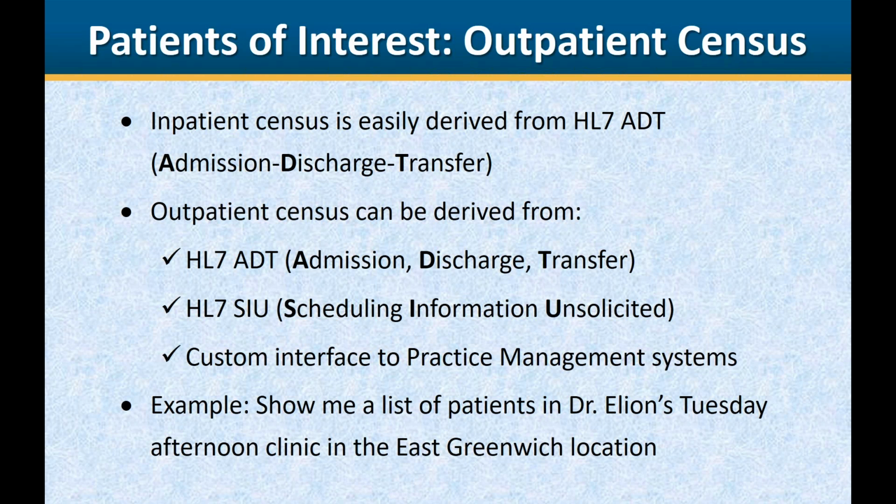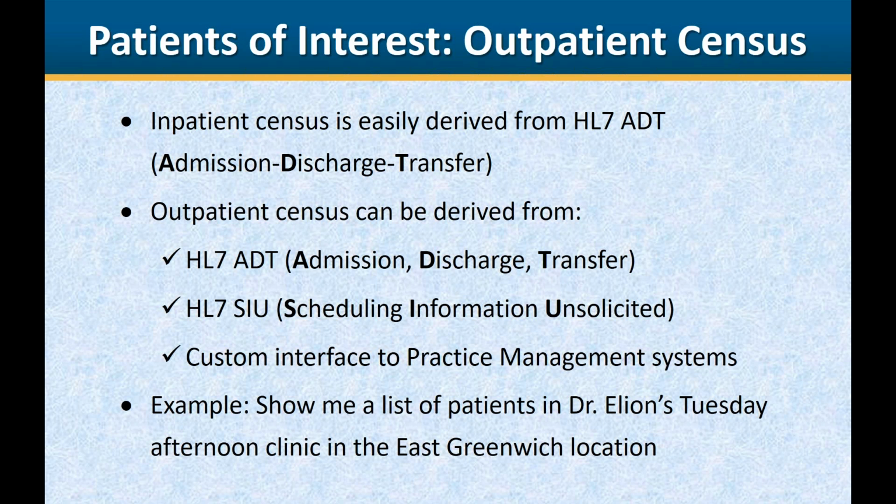And while I would normally shy away from trying to do custom interfaces, there's a lot of nice practice management systems that are managing all of the details of your practice in an outpatient setting. And that's the most reliable source for the schedule. So that is proving to be one of the more difficult things to get electronically. It's still very easy to print out, for example, the third bullet there.